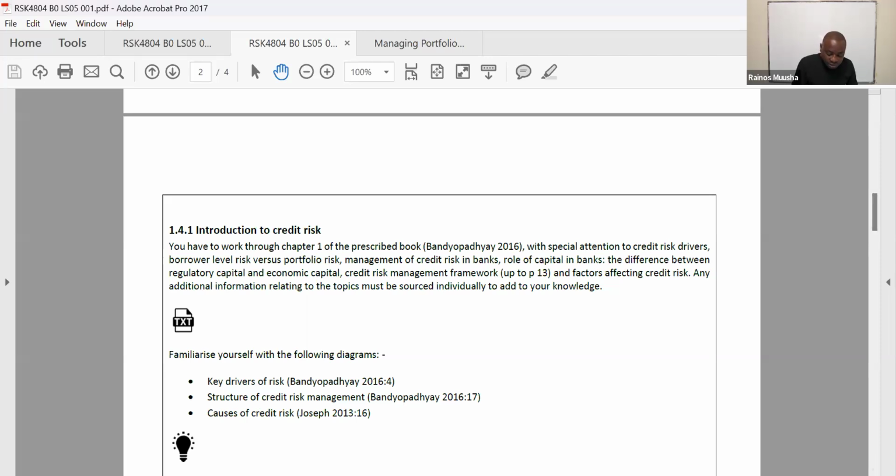So any additional information relating to the topics must be sourced individually to add to your knowledge. Which means when we go through this, we need to make sure that we go through up to page 13.